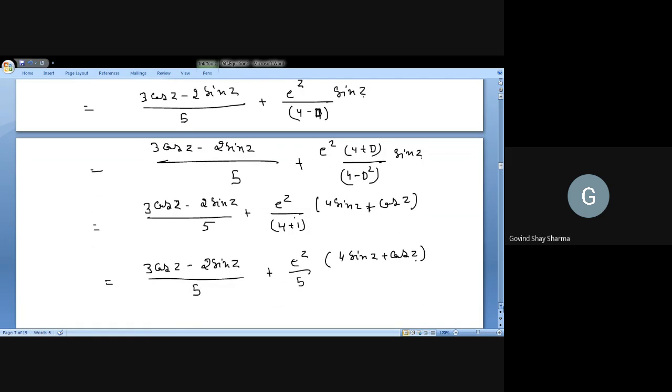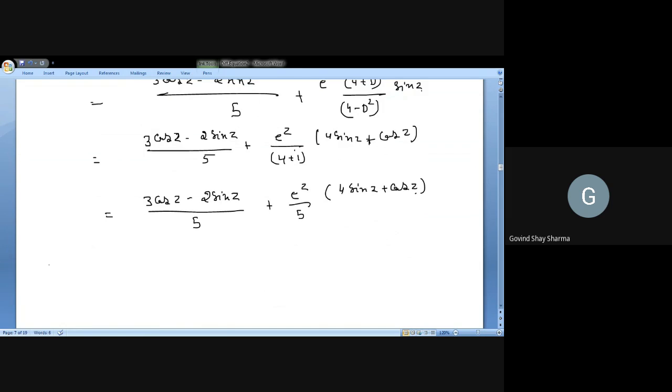Now the complete solution y is equal to CF plus PI.